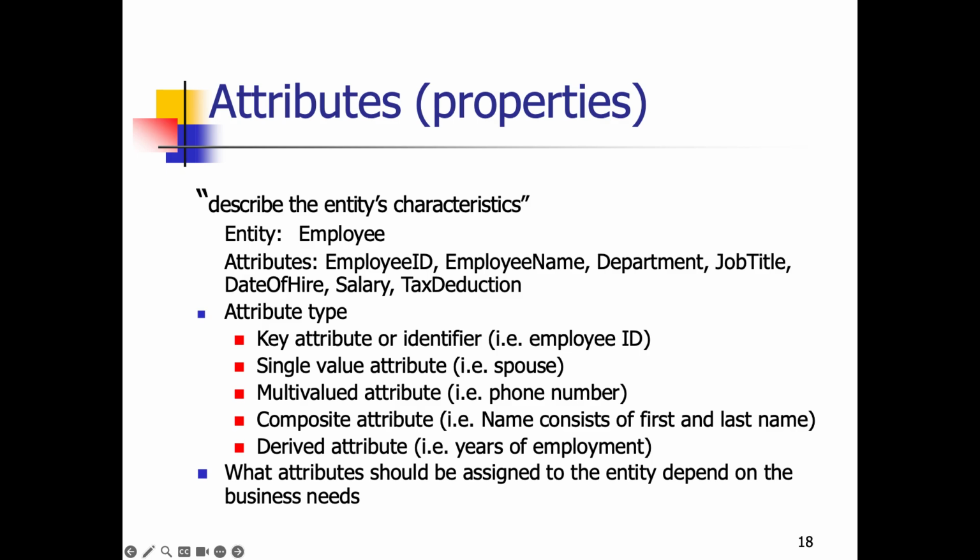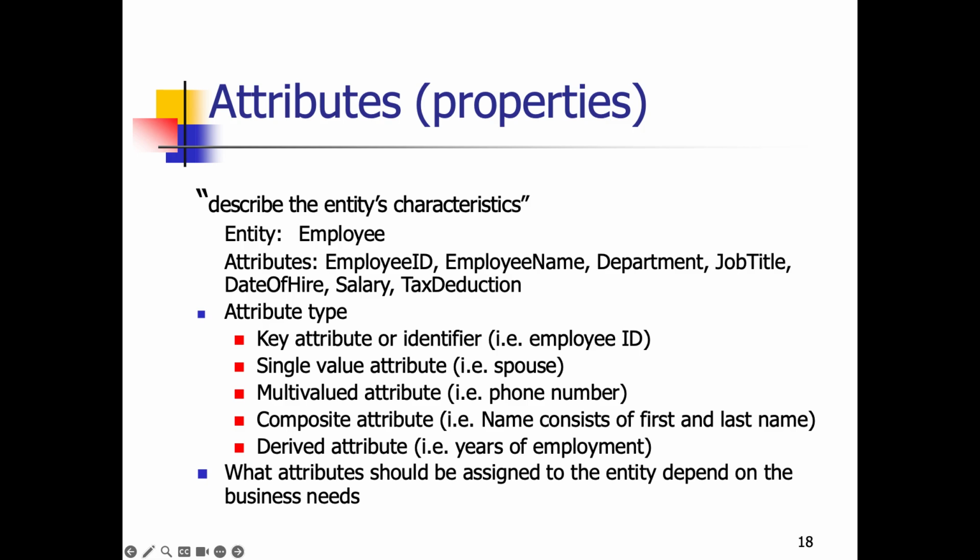And then we have a derived attribute, for example, years of employment. Derived attributes are attributes whose value is derived from other attributes. So what do I mean? For example, in a table you're storing employees' or a person's information. You have date of birth, right?